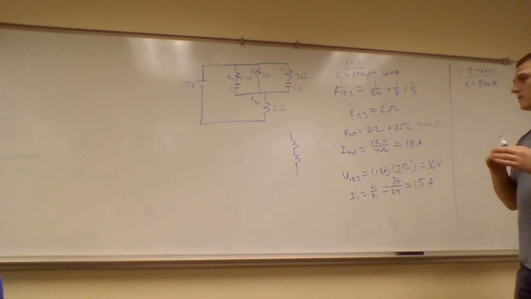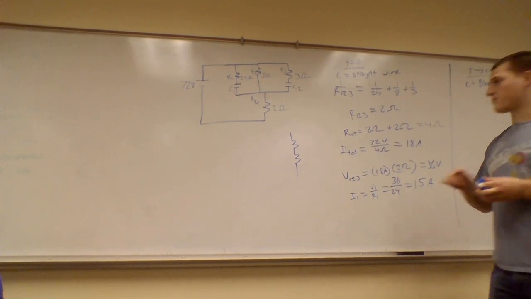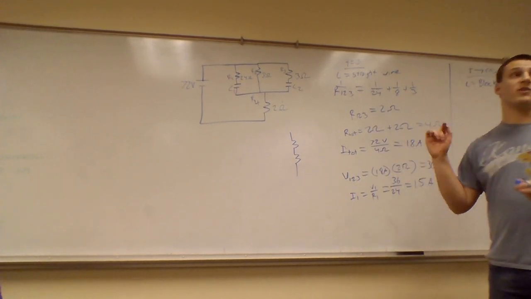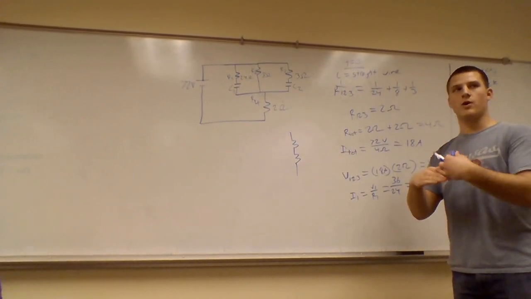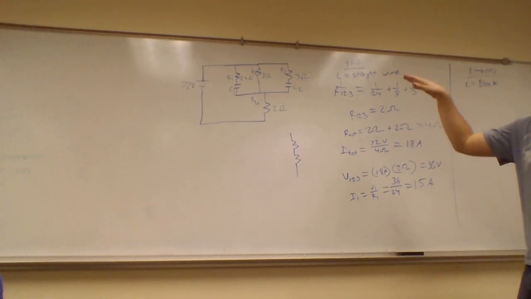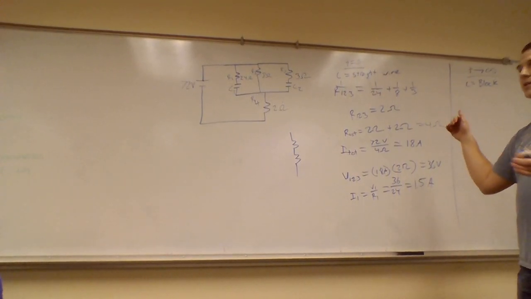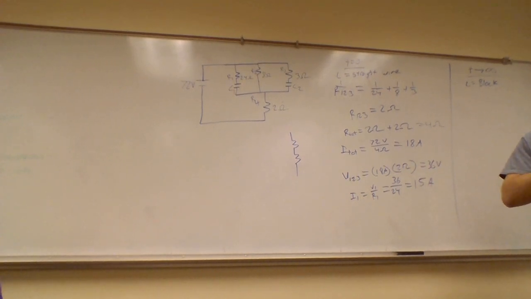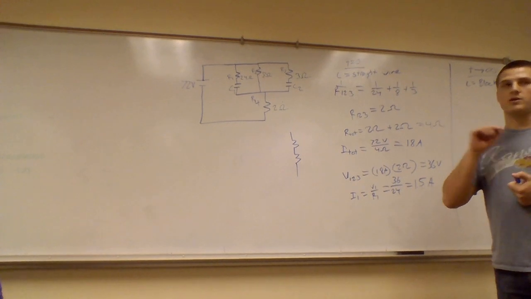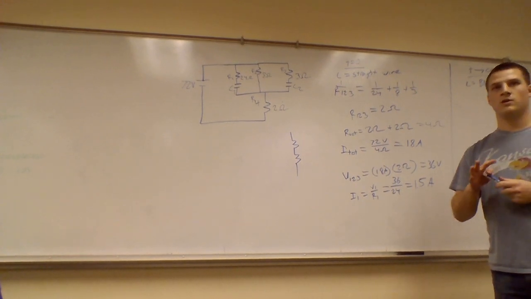But the current is not. So we have to find the voltage across all of them to find the current in one of them. So the process is: find the total current coming out of the battery, find the voltage across the resistor of interest, and then use that to find the current across just one resistor.